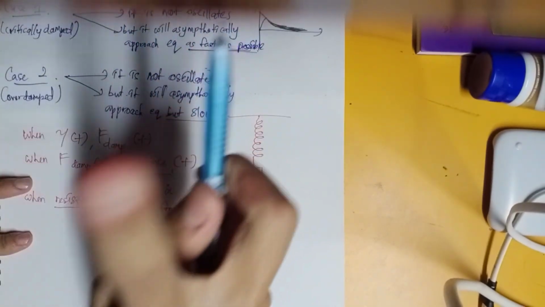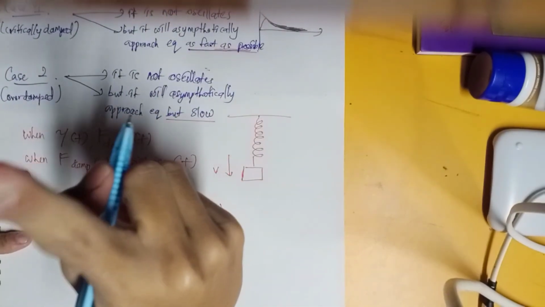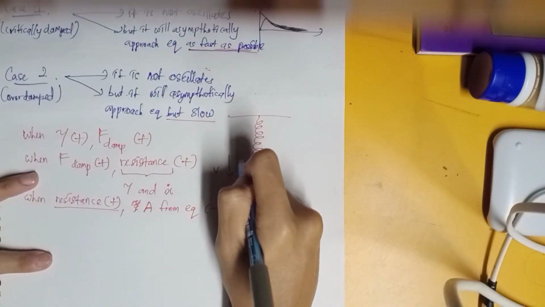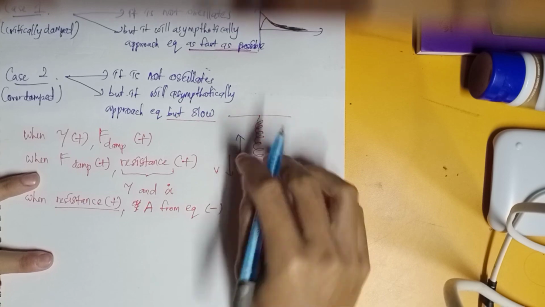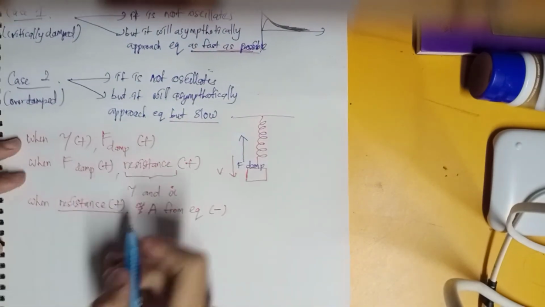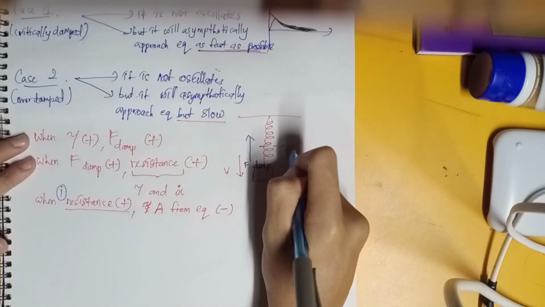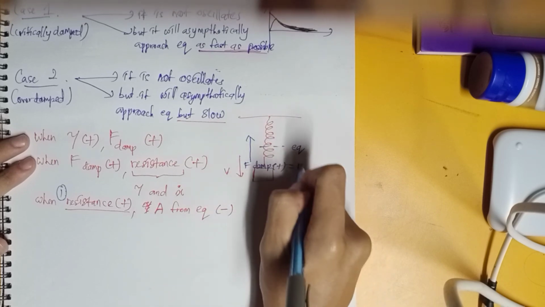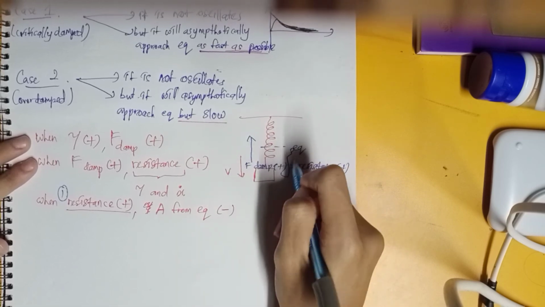When the damping force increases, the resistance increases, which means it will produce less amplitude, because there is much more F damp here, which makes the object produce low amplitude. The more resistance, the less amplitude it produces.